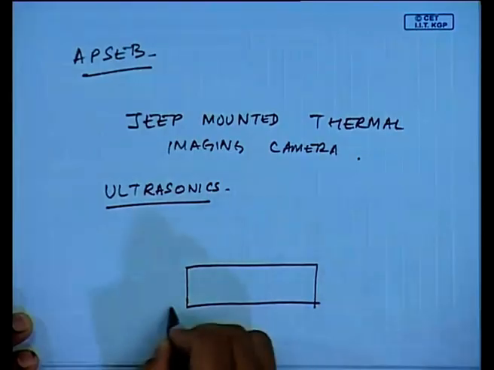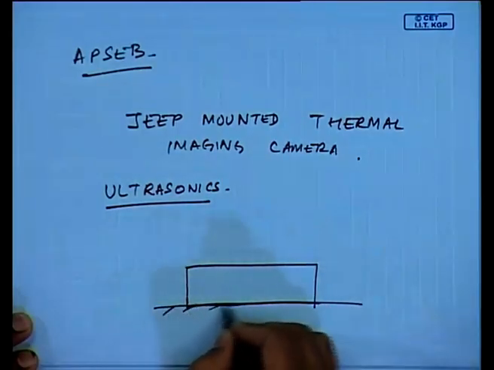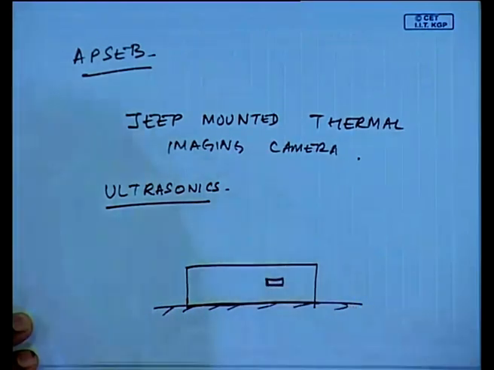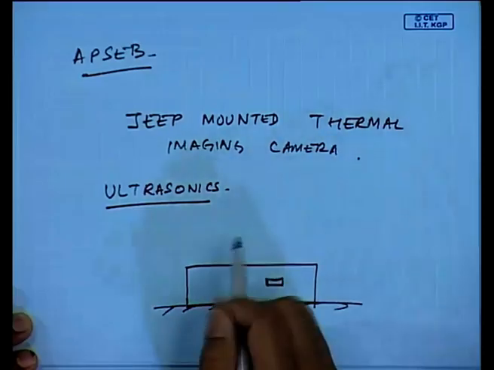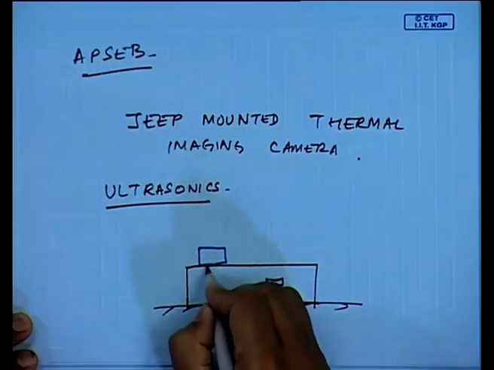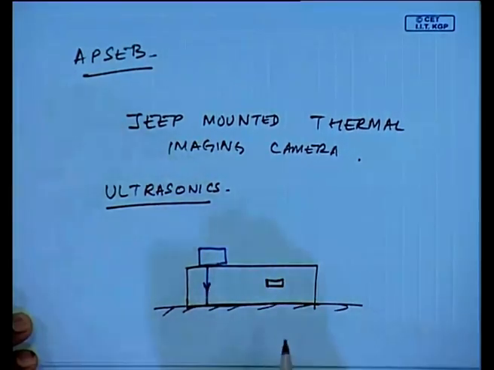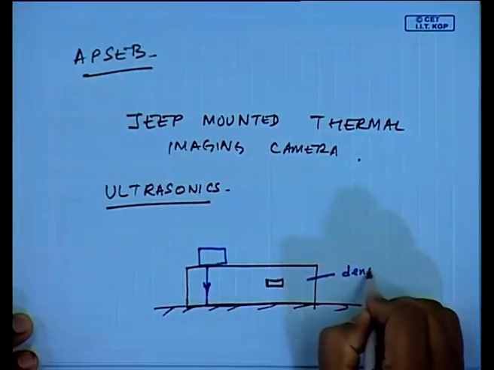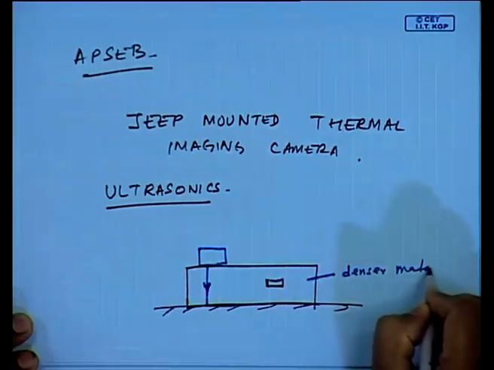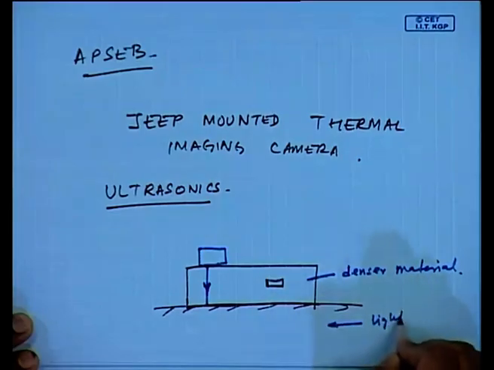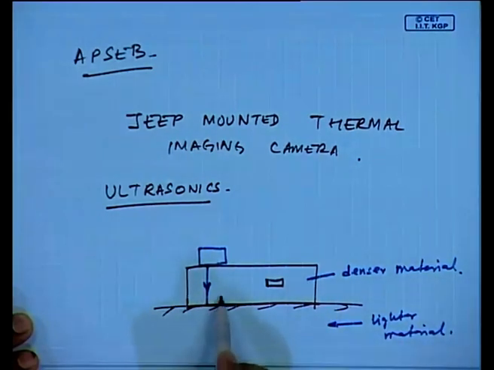Say for example, I have a metal piece and there is a crack or void here. So, I have an ultrasonic transducer, and what happens is it gives a wave, okay, an incident wave, and this is a denser material. This is of another material. So, there is a density difference at this interface.